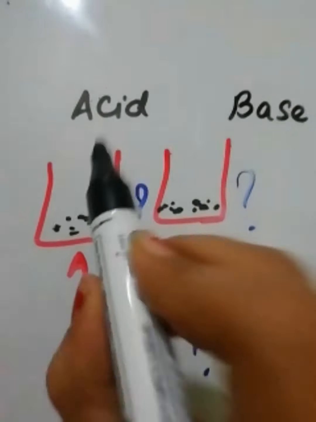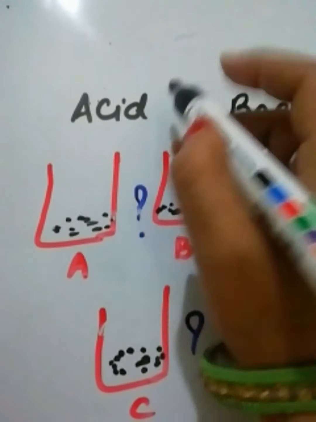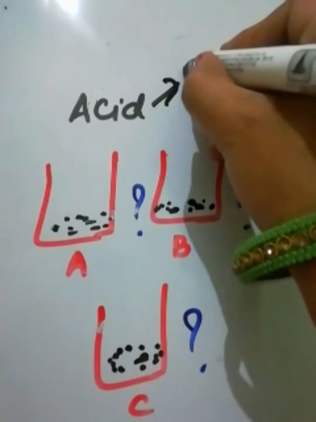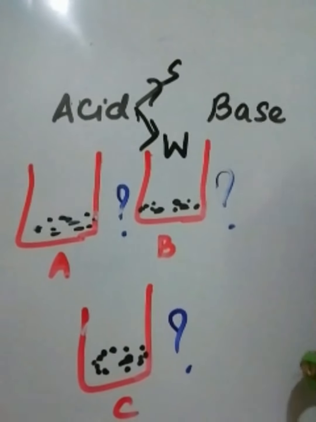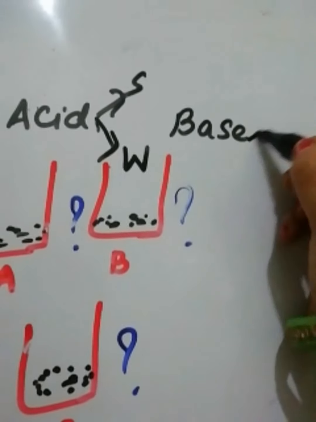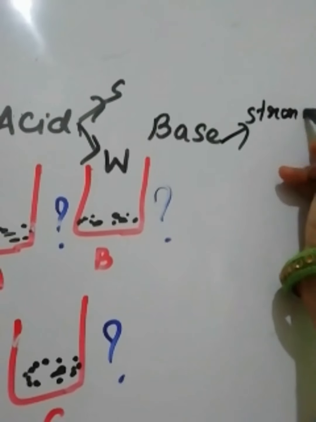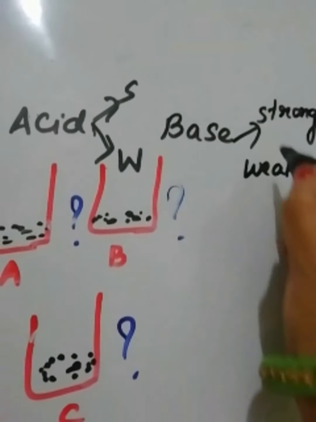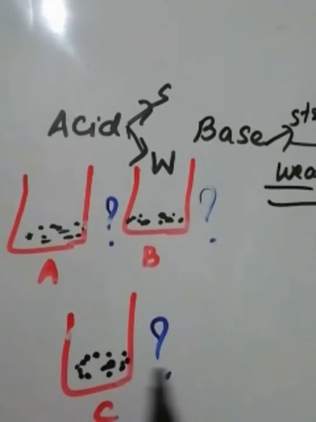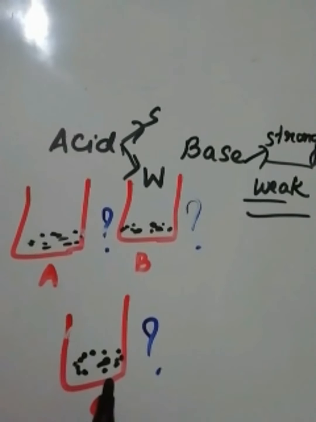And after judging whether it is acid or base, you also need to judge whether the acid is strong or weak. Same with the base, whether it is strong or weak. This is difficult to judge. How will we judge? This is by some reactions and all. Yes, we need to know this.